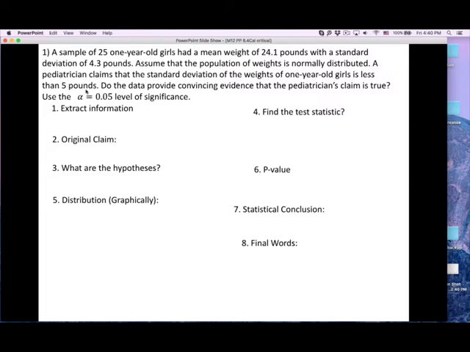After you find the claim statement, think about which population parameter they are working on. Are they working on proportion, mean, standard deviation, or variance? So you can see this is working on a standard deviation, right? So first, write down the original claim statement. Standard deviation less than 5 pounds.